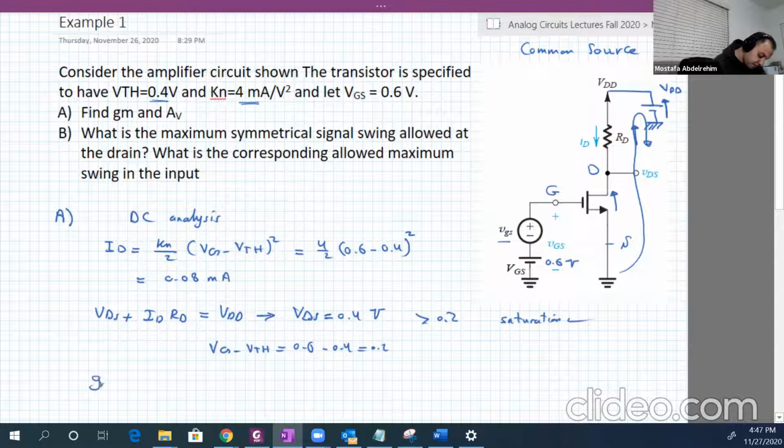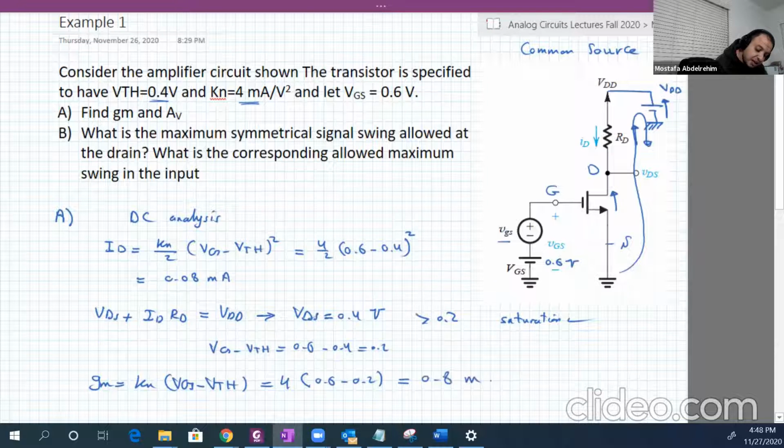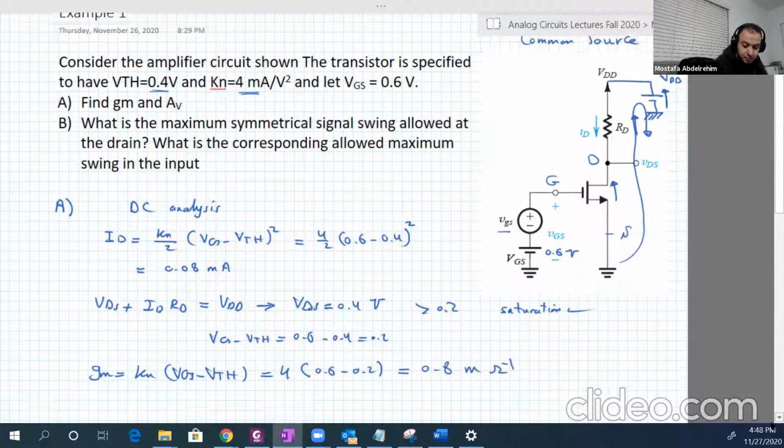Now GM basically is Kn times VGS minus V threshold. Kn is 4 milliampere per square voltage, and VGS is 0.6 and V threshold is 0.4, so the overdrive is 0.2. So this is basically 0.8 milliohm minus 1.